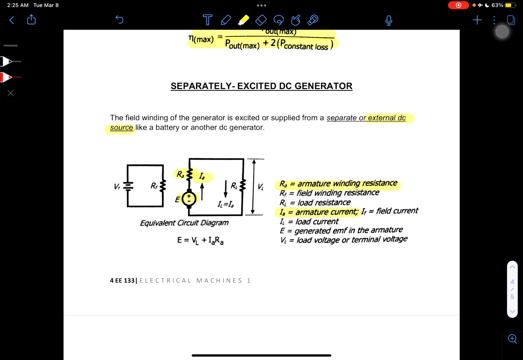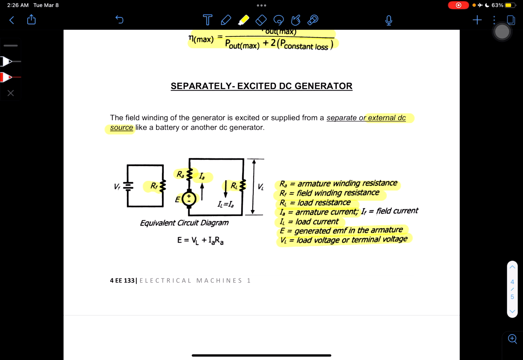And we have RF. What is RF? RF is the field winding resistance. And our RL is the load resistance, and our IL is the load current. And E is our generated EMF in the armature, and VL is the load voltage or the terminal voltage.